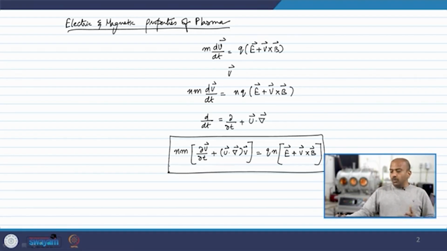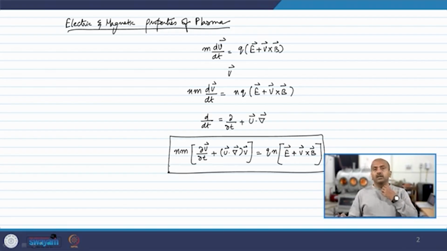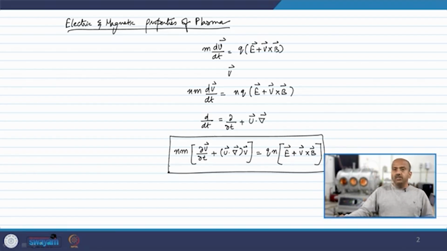Now, this represents only the electromagnetic fields and their effect on the movement of plasma. But in addition to that, since we have considered plasma as a fluid, there is also a possibility that the fluid can be experiencing additional forces such as pressure force.